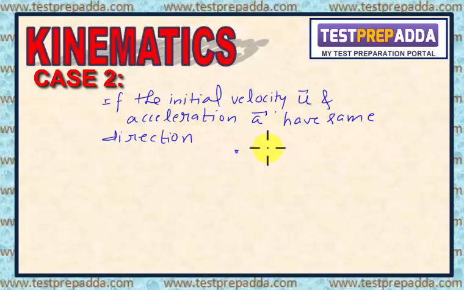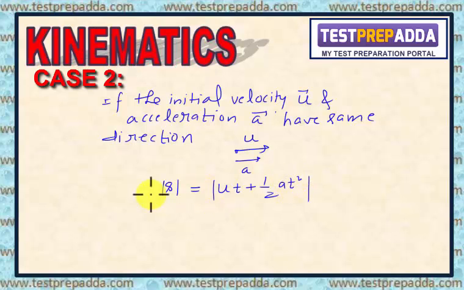The particle is moving in this direction. Acceleration is also in this direction. Then we can take that displacement, ut plus half at square, same as the distance. Got the idea? So in this second case, the initial velocity and acceleration both have the same direction.